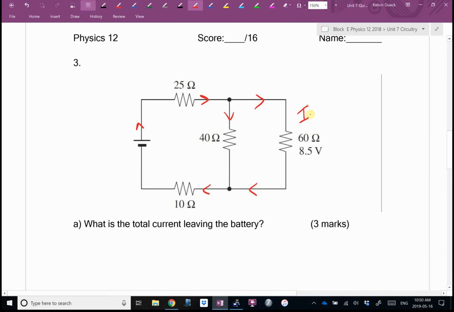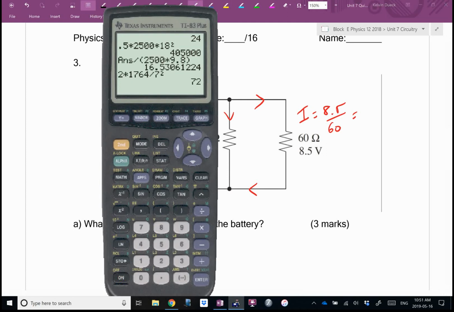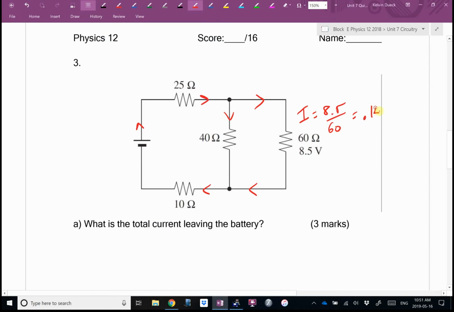The current is going to be 8.5 divided by 60, and I get 0.1417. I'm going to go 0.14167 amps. Is that correct? Okay.